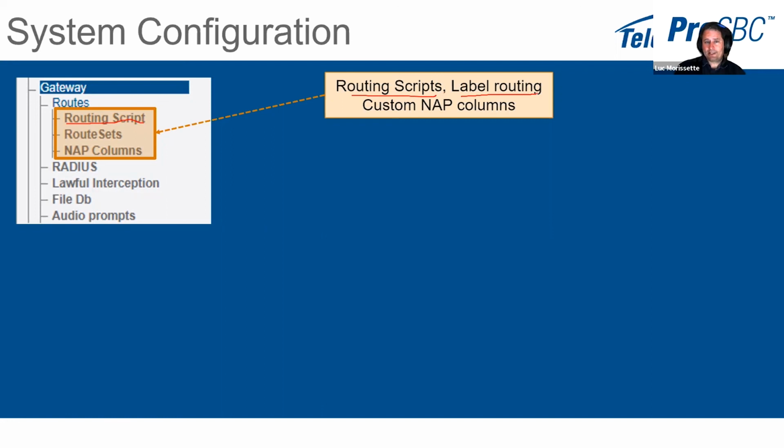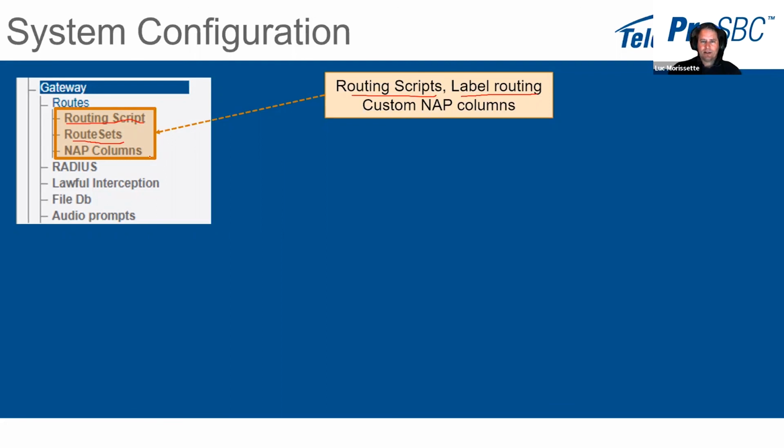Label routing is configured in the routing scripts here, and also uses another section called route set, which allows us to manipulate a series of numbers, and each of those numbers can be routed to a different destination. So by using label routing, you can have millions of numbers being routed to hundreds of destinations.